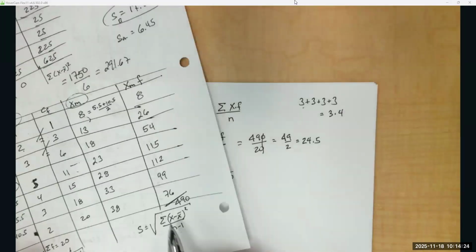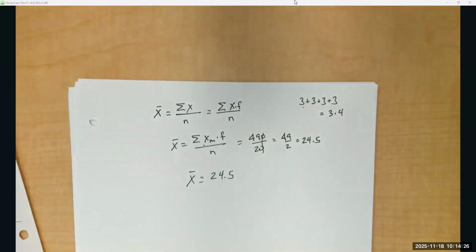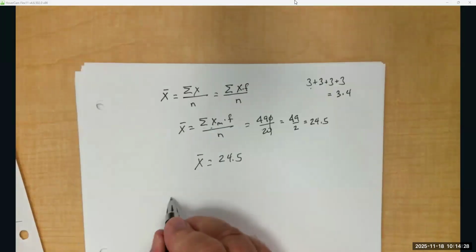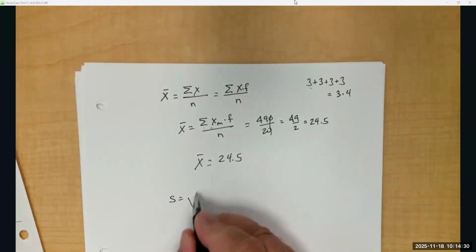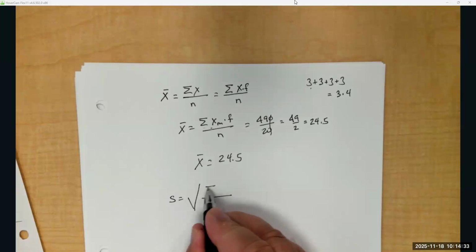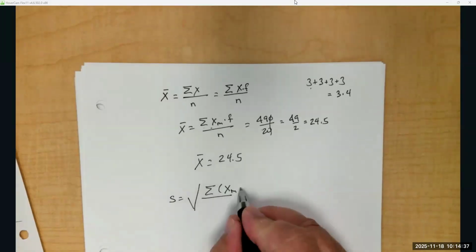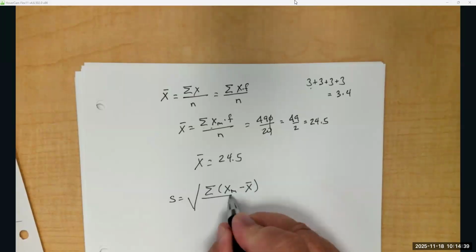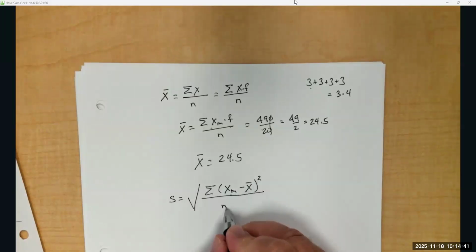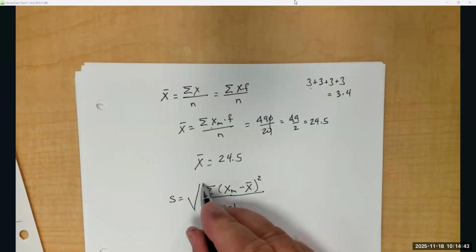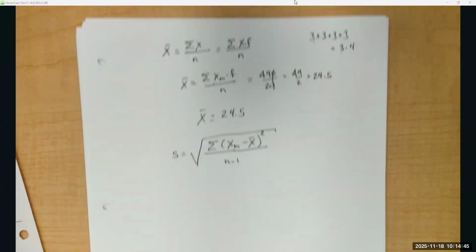So now we have our formula we can use for the deviation. We have the summation of the midpoint minus x bar squared, over n minus 1.